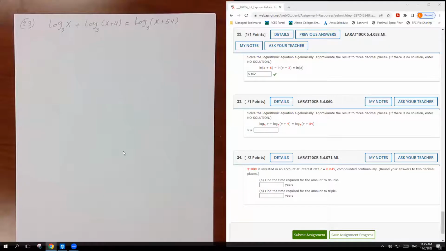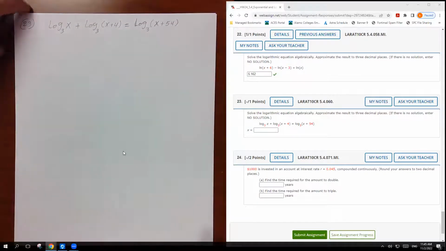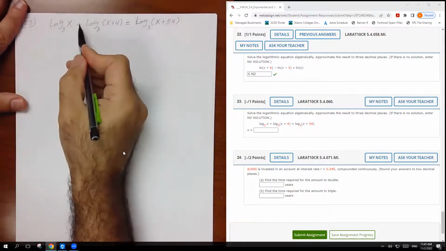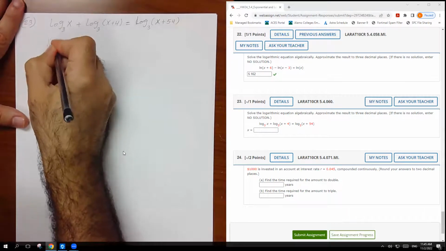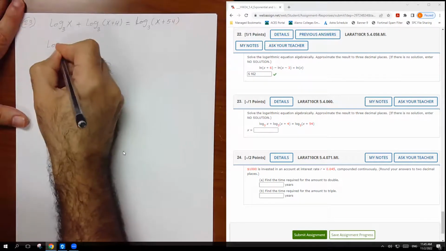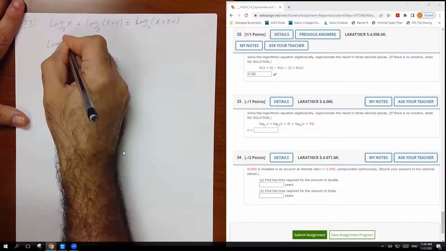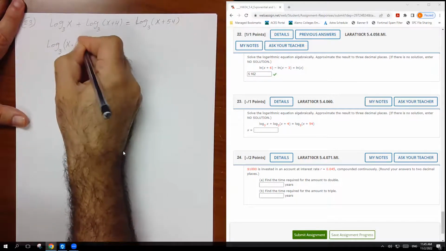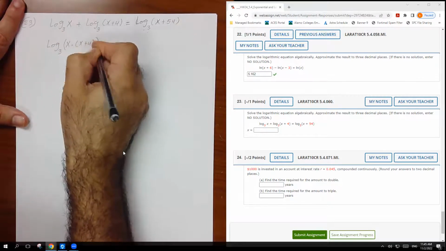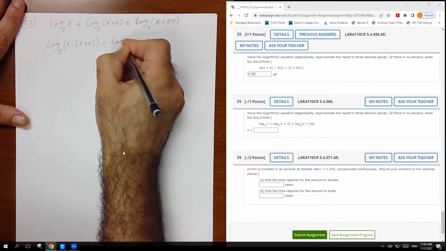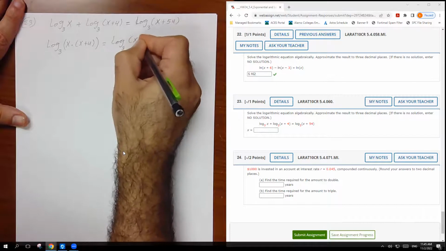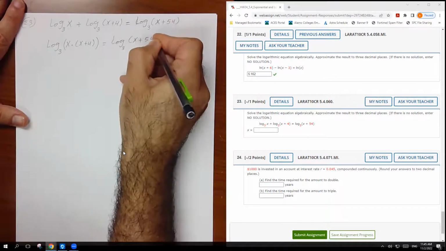For example 23, we're going to do the same thing. We're going to use the product property, plus between 2 logs. So it's going to be log to the base 3 of x times x plus 4 equals log to the base 3 of x plus 54.